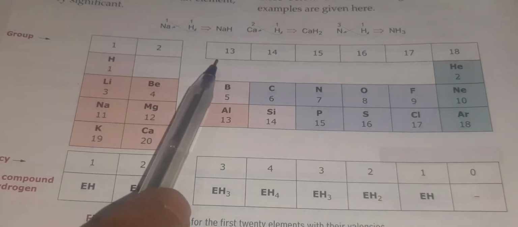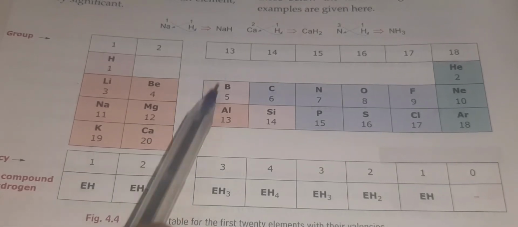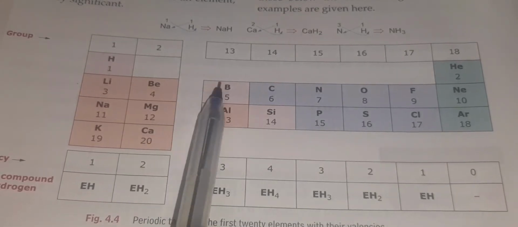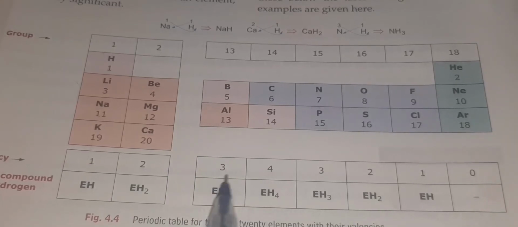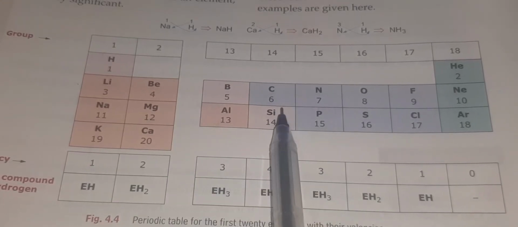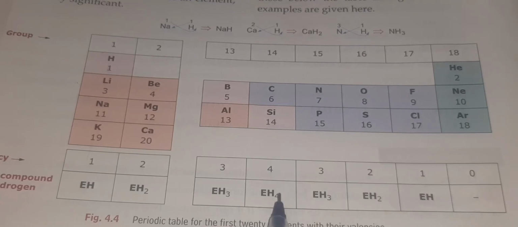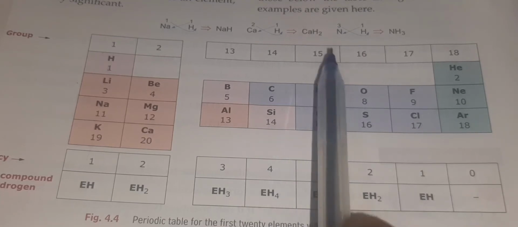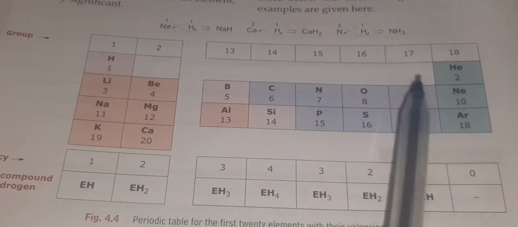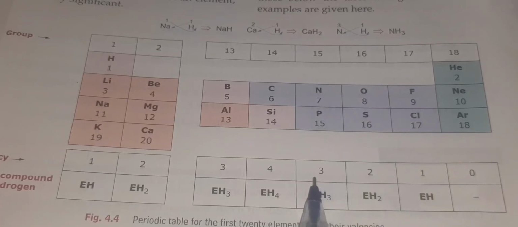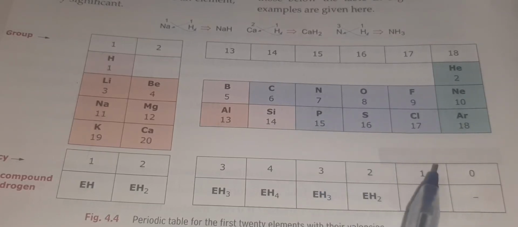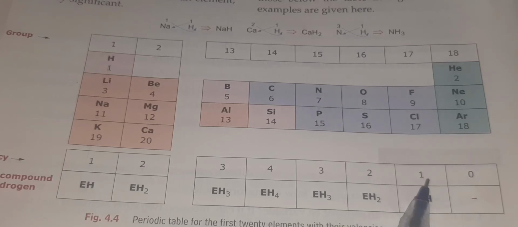Elements of the 13th group, boron, aluminium, have valency 3. Carbon and silicon are there; the 14th group has valency 4. And for the 15th, 16th and 17th groups, the 15th valency is 3, the 16th valency is 2, and the 17th group, fluorine, chlorine, has valency 1.